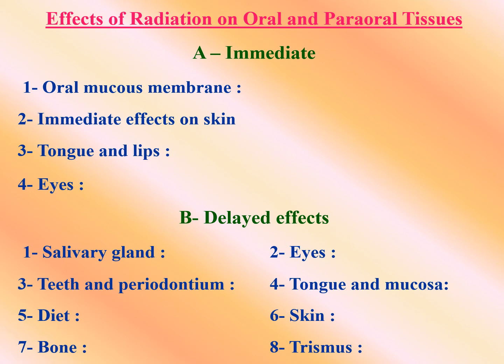Immediate, there is the effect on the oral mucous membrane, and immediate effects on skin, tongue and lips, eyes. Delayed effect will be demonstrated in salivary gland, teeth and periodontium, diet, bone, eyes, tongue and mucosa, skin and trismus.